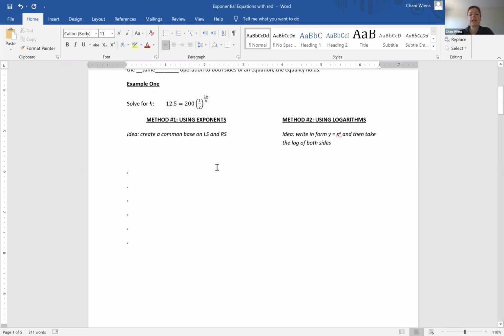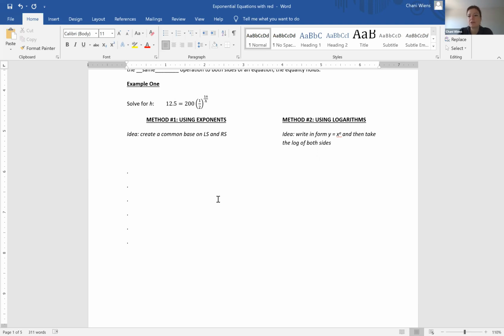You could actually do this with trial and error relatively simply, because if you take 200 to 100 to 50 to 25 to 12.5, you can get there on your own. However, we're going to solve this using two different methods so that when things become more challenging and the answer is not an integer, we have these techniques.